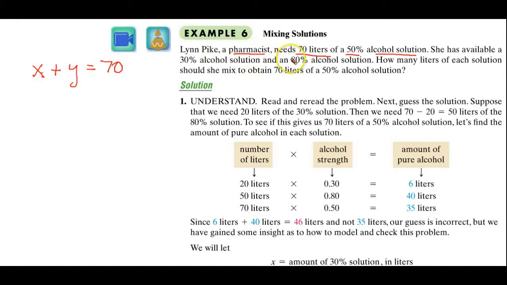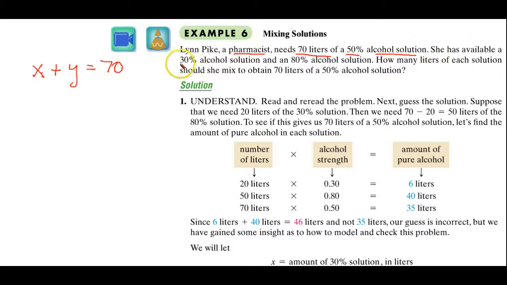So when you get a problem like this, this is what you can sort of pick out. Any kind of mixing, how much do you need altogether? 70. So part of it will be the X and part of it will be the Y. We don't know what the distribution is. We do that on the next one.